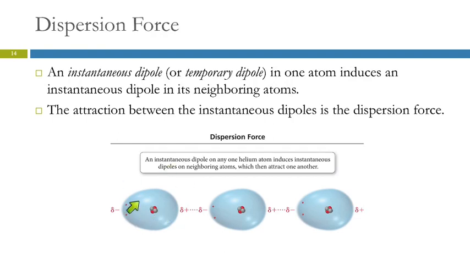But here it's just the atom. That induces a dipole in the next atom because this positive side of this atom attracts the electrons in the neighboring atom. And that causes this to have a dipole as well. And then we get this attraction between this temporary positive charge and the temporary negative charge on these two adjacent atoms. This one then induces a dipole in the next one, and then there's attraction there.